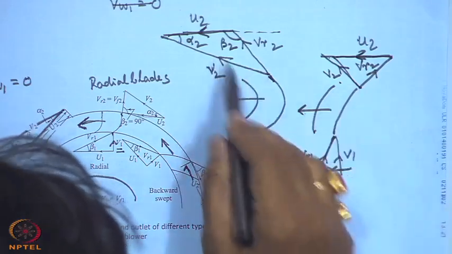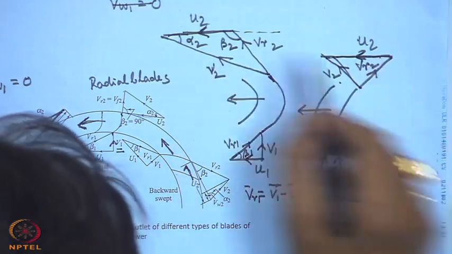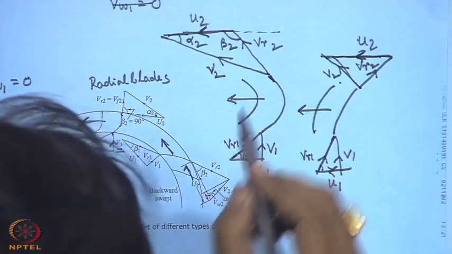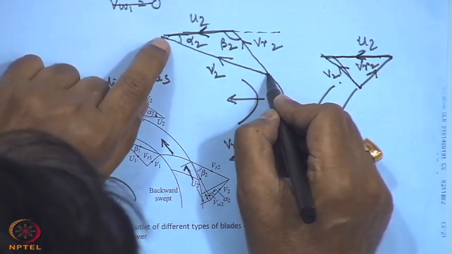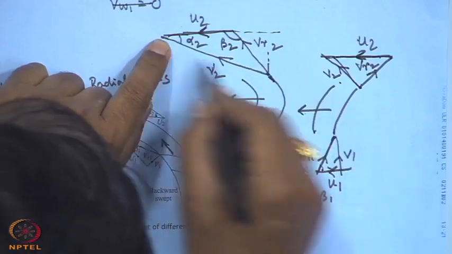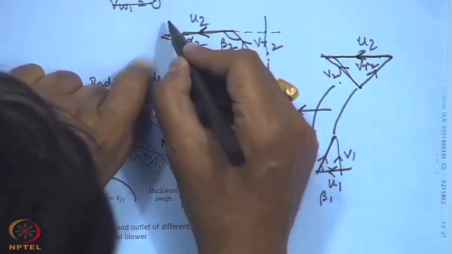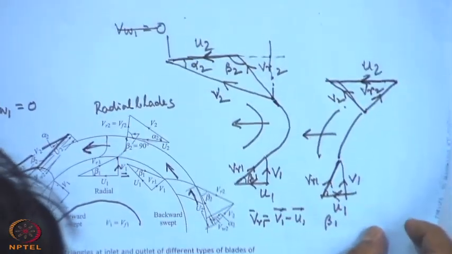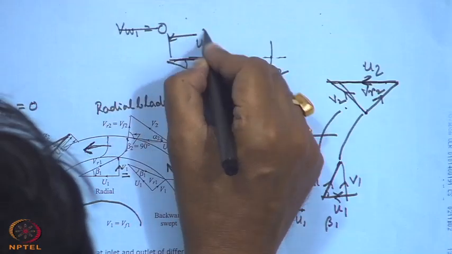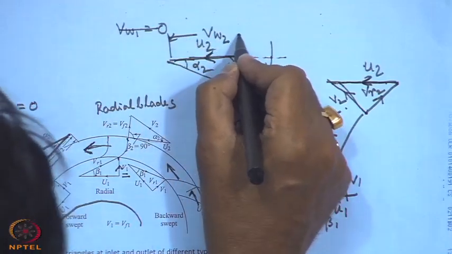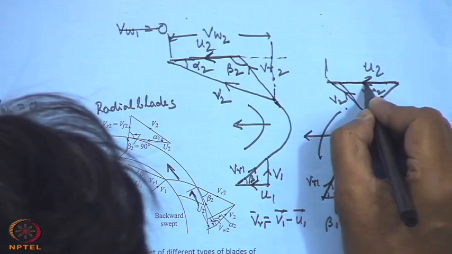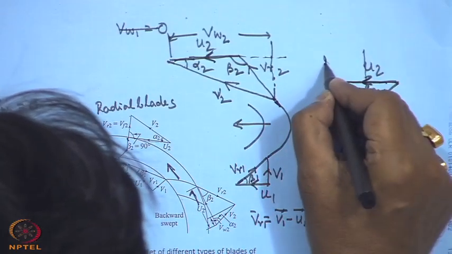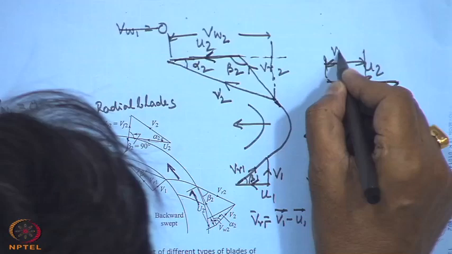Now, if you draw it to scale for a given value of U2 at the outlet and for a fixed value of Vf, you will see that for the forward swept blade, the component VW2 is much more compared to the others.